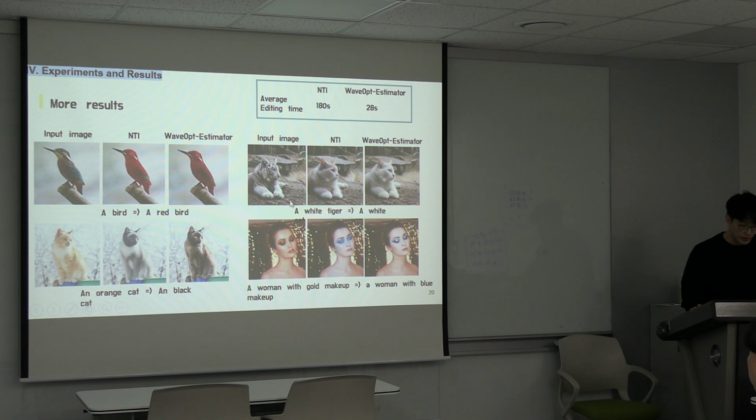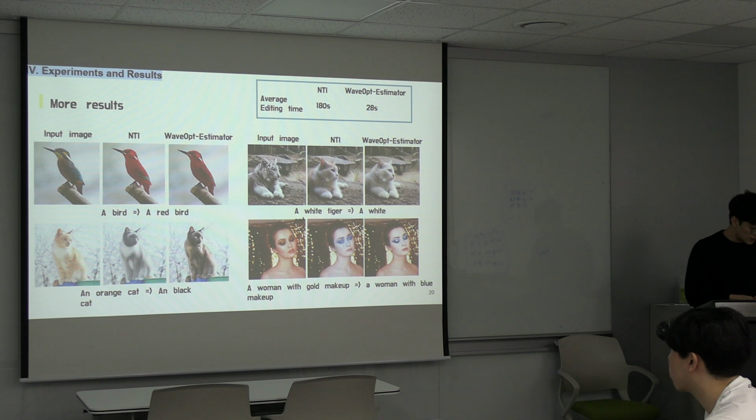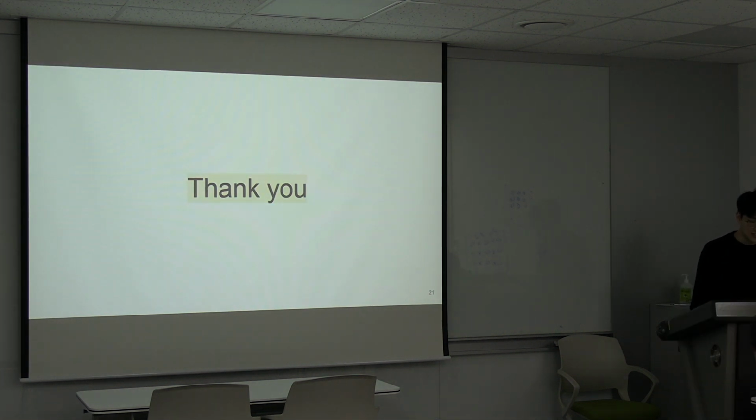And additionally, this white cat also still has some characteristics of the original image, like the stripes. So thus our method achieves more flexible editing, and our model can reduce the editing process time. Thank you for listening.